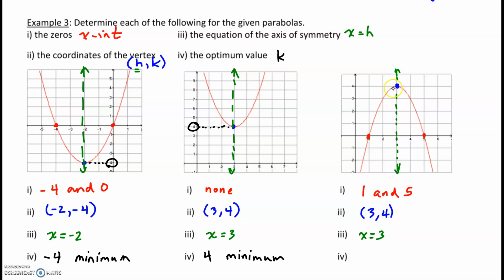Optimum value is the y value of the vertex, so it's 4, just like our last example. However, this parabola is opening down. That means that this optimum value is a maximum because it is the highest possible value of the vertex, whereas over here, this 4 was the lowest possible value.